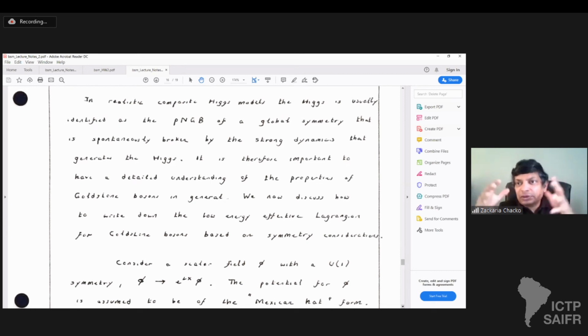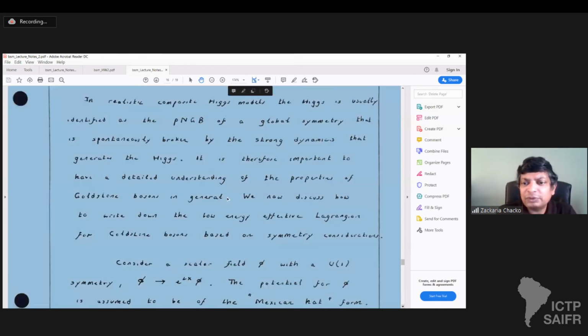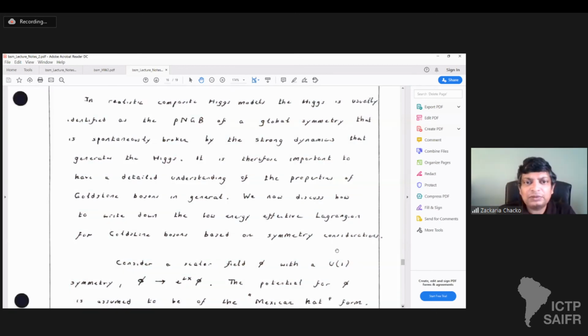Because the low energy properties of the Higgs are going to be strongly tied to the dynamics of Goldstone bosons.